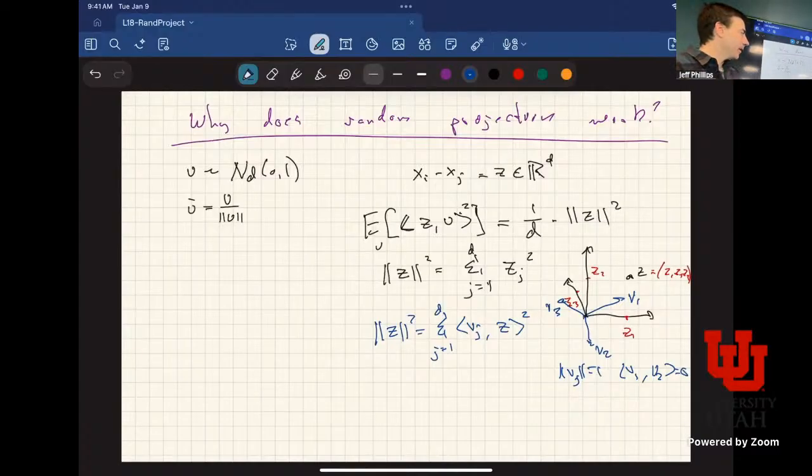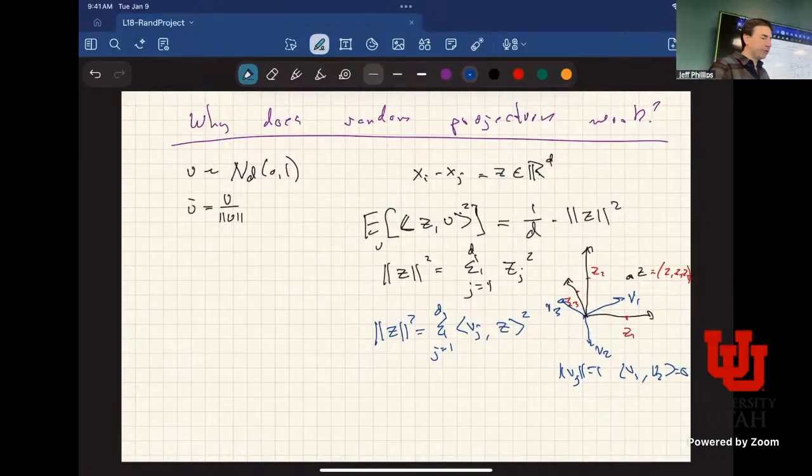Okay? So now what if I picked a coordinate system at random, and then I picked one of the d vectors at random? I know that the norm of z squared is exactly this sum, but I picked one of these d terms at random in this coordinate system.